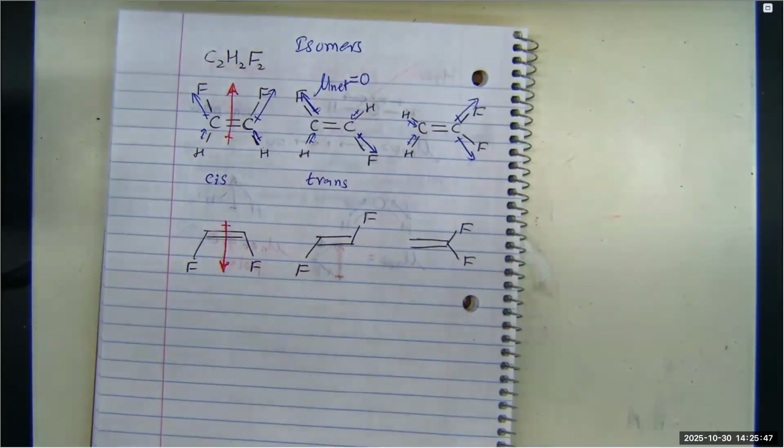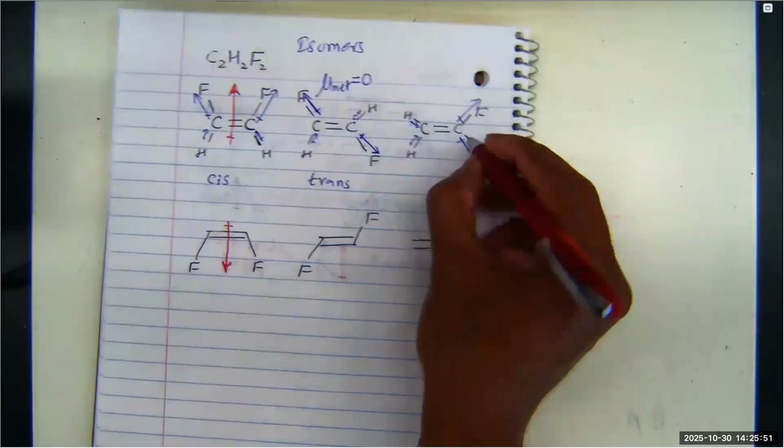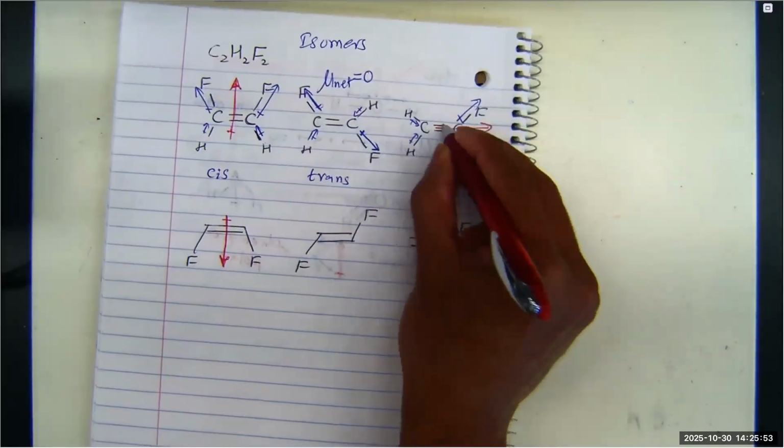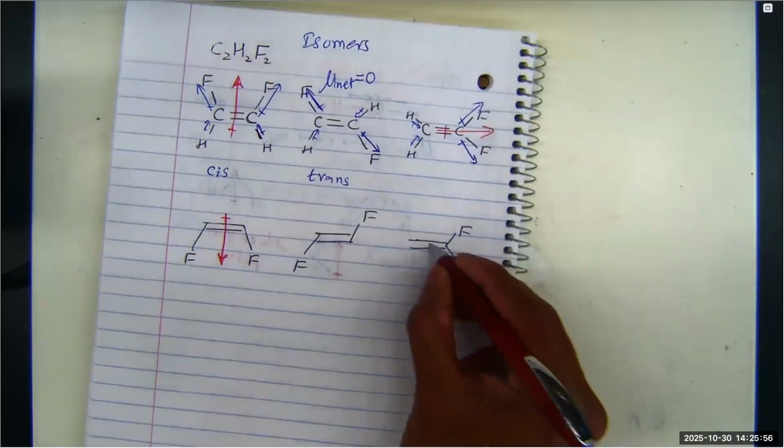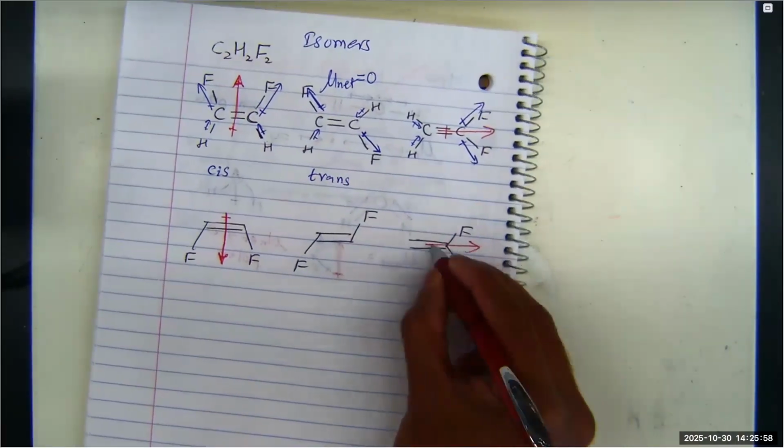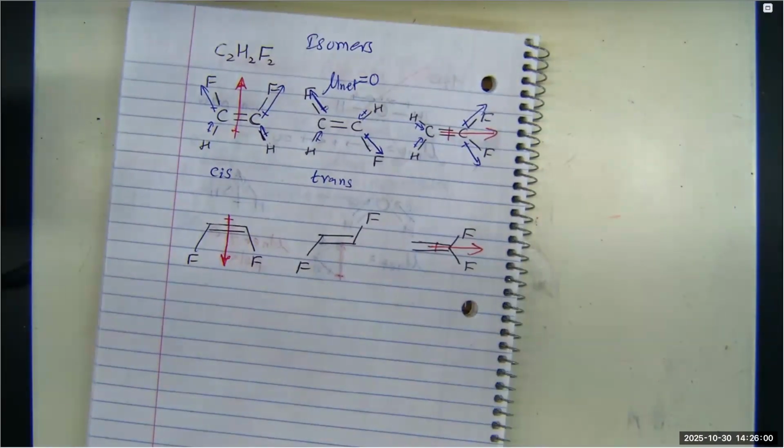It's going to be going straight right, horizontally. Yes, going towards the fluorine atoms, in between the fluorine atoms like this. So this should be the net dipole moment of this molecule. If I drew it on my line structure, it should look like that. Wonderful. Thank you. And that's how we figure out the net dipole moment. We don't have to worry too much about the head to tail.